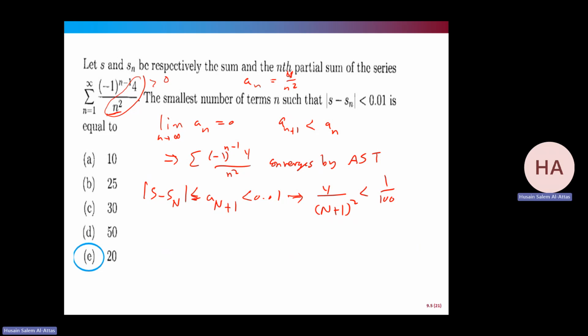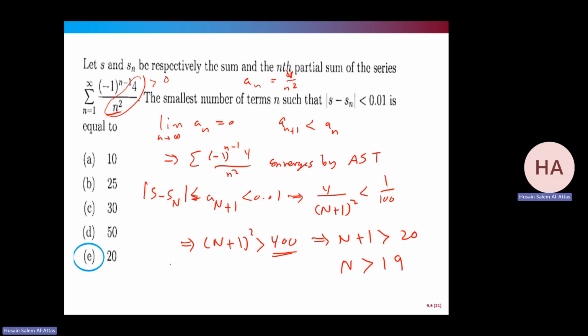Then you need (n+1) squared to be greater than 400. So you need n+1 to be greater than 20, since the square root of 400 is 20. So you need n to be greater than 19.